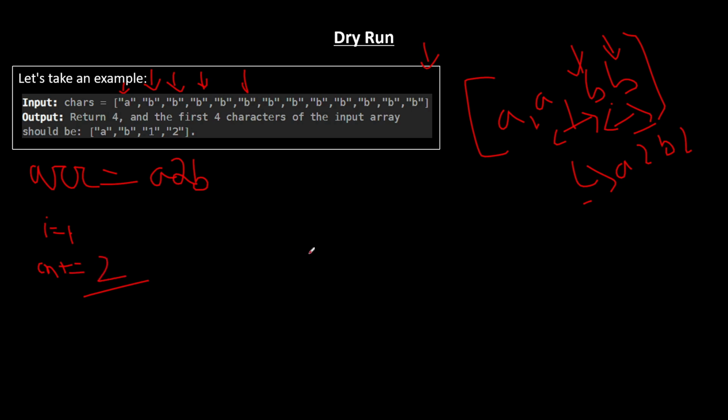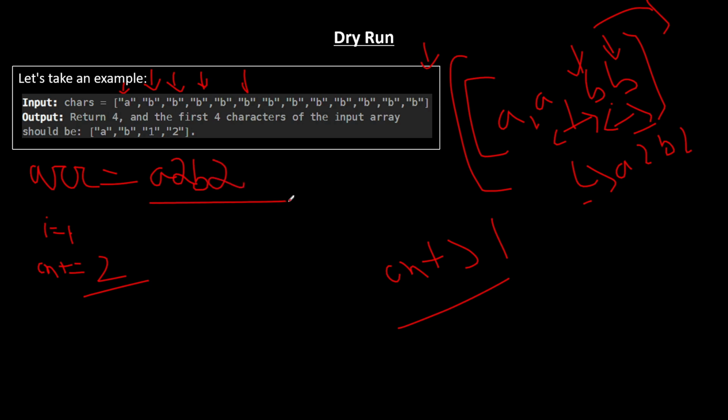Count becomes 2. After that, this is done, but the while loop ends because I reaches the last index. Now, after the while loop, we will check if count is greater than 1 or not, which it is. So we will append 2 to it and convert this to an array of A, 2, B, 2 and return the length, which will be 4.